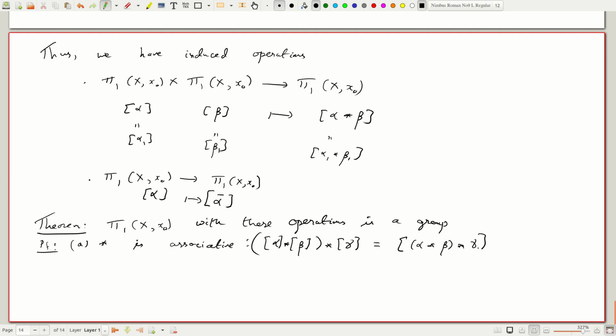You just apply the definition twice, but this is the same as the homotopy class of alpha star beta star gamma, and that is because alpha star beta star gamma is homotopic to alpha star beta star gamma. This is what we did the work proving.